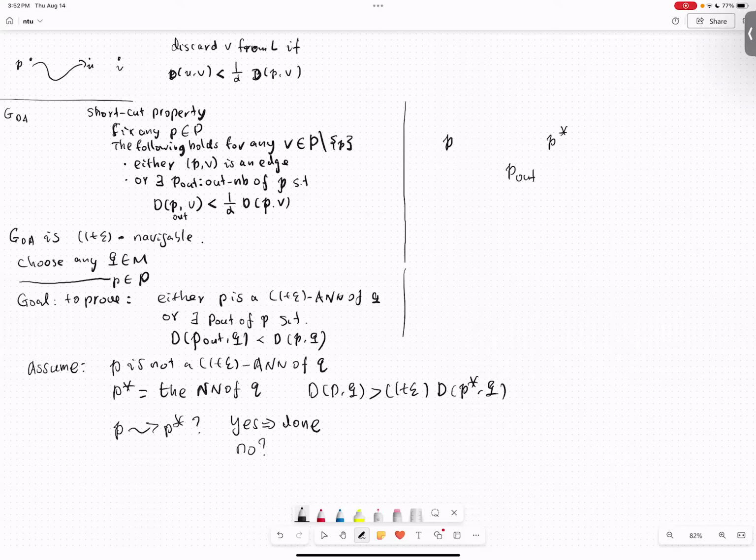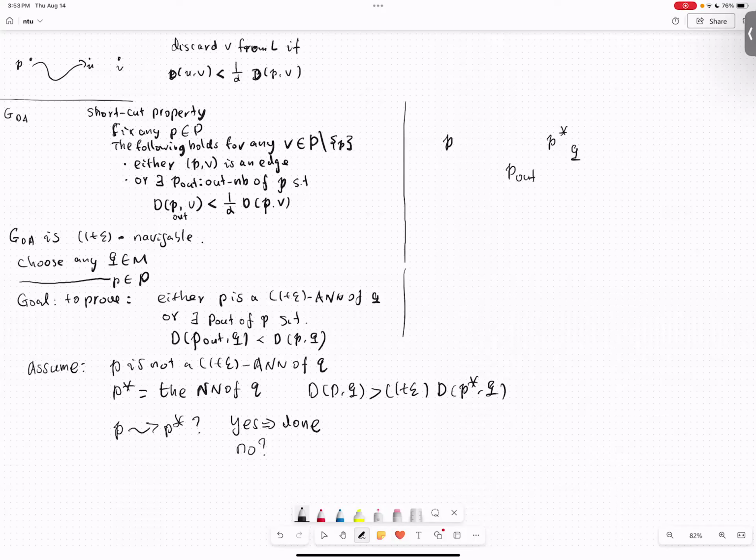Because P star is supposed to be the nearest neighbor of Q, Q will have to be somewhere around P star. So that's going to give you a big picture of what is going on intuitively. Our ultimate goal is to prove that this P out gives us a strict improvement compared to P, and this picture will allow you to believe that this could be true, because of the relationships among all these points.